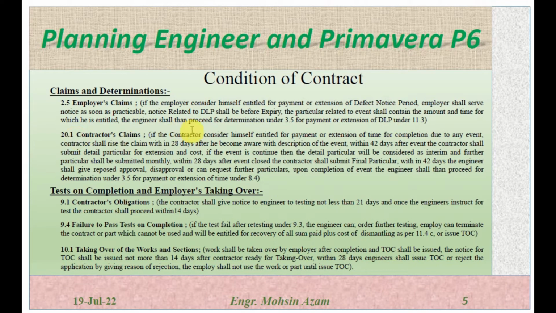20.1 is contractor claim. If the contractor considers himself to be entitled for the payment or extension of time for completion due to any event, the contractor shall raise a claim within 28 days after he becomes aware of the event.